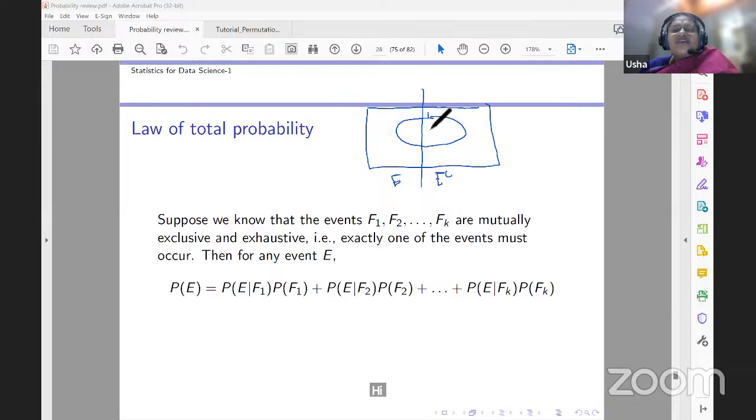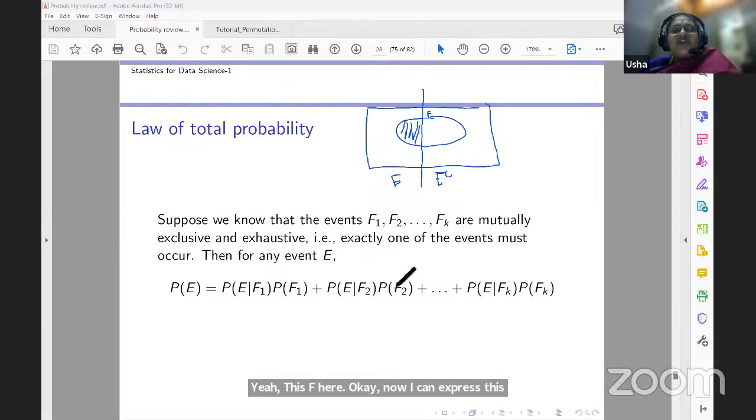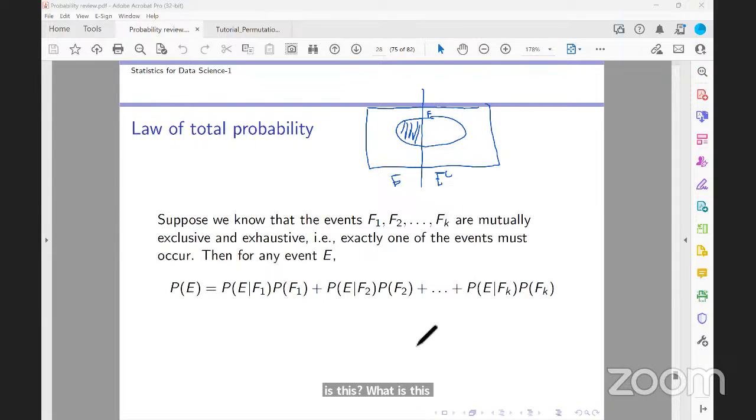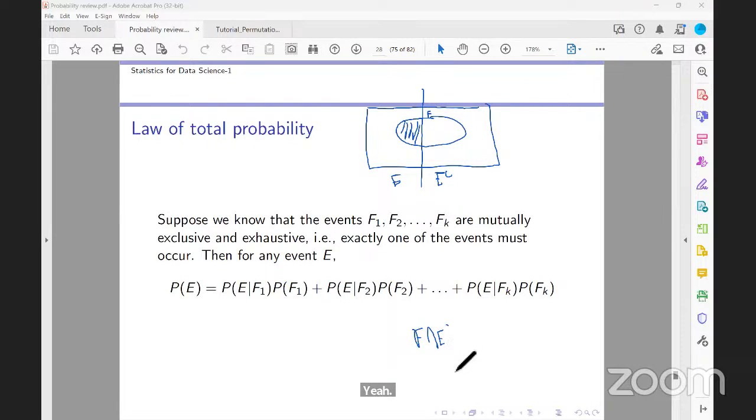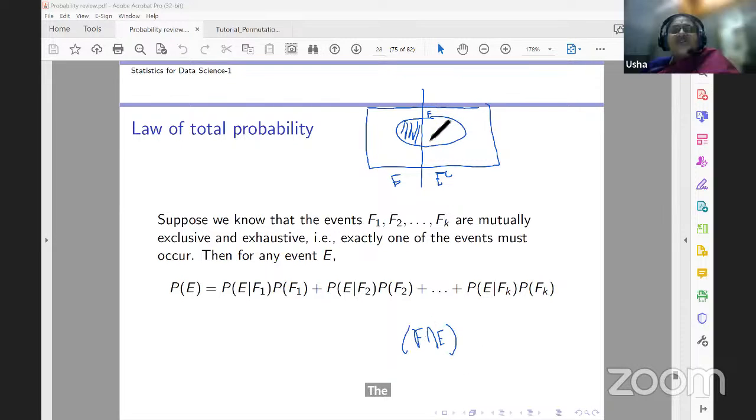Since I started, I'll finish, Prashant. Now I can express this F. What is this shaded region here, in terms of E intersection F? It's E intersection F, right? And what is this region?